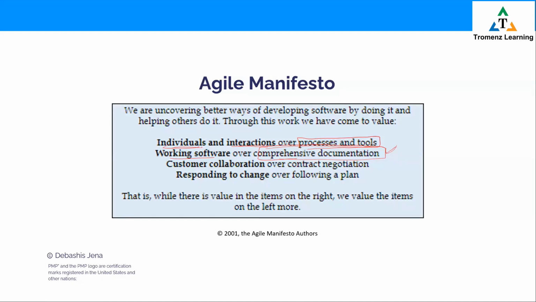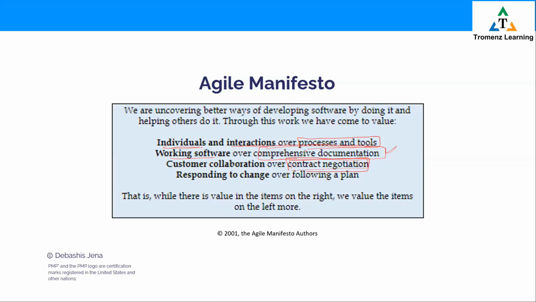Then third, customer collaboration over contract negotiation. Look, this means in a predictive environment, you try to negotiate the contract, everything clearly black and white, to avoid any kind of confusion. And then once you have negotiated a contract, that would guide your execution. So we'll deliver as per contract. That is the emphasis.